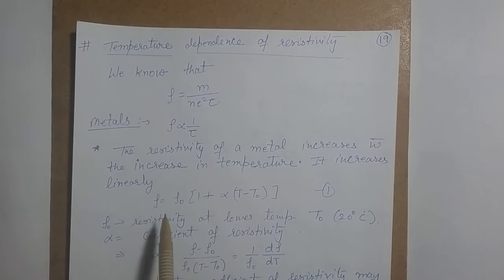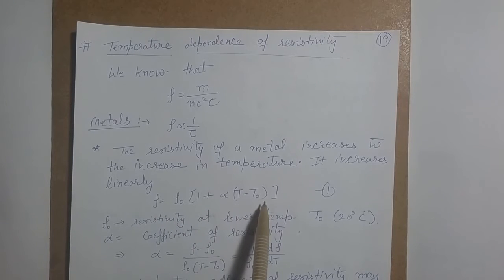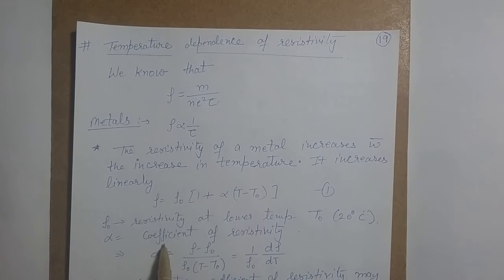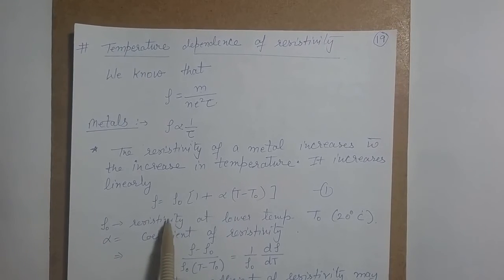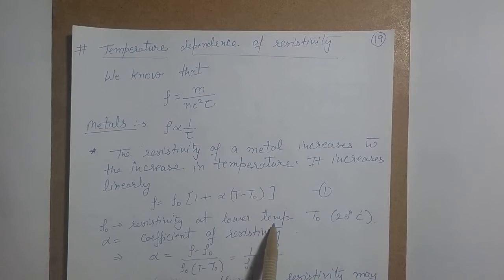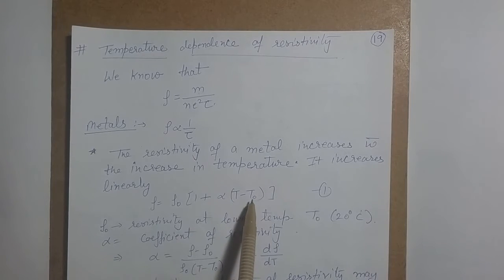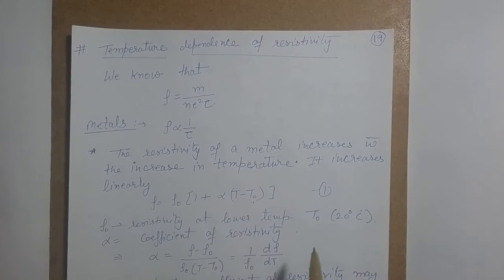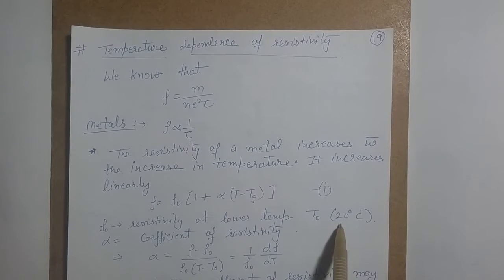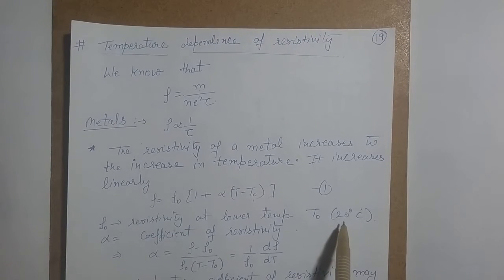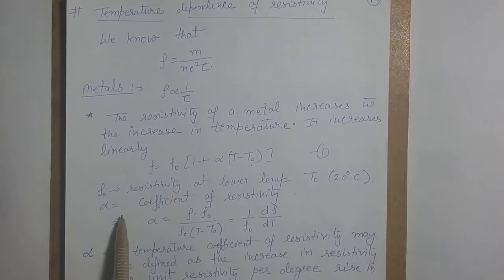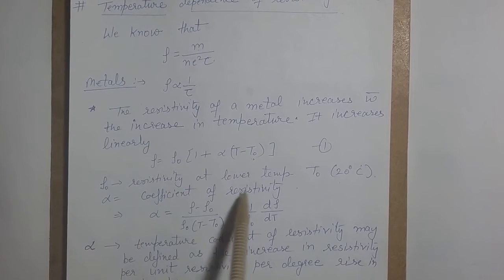And there is a relation for the resistivity dependence on temperature. Rho is equal to rho naught into 1 plus alpha (T minus T naught). In this equation, rho naught is the resistivity at the lower temperature, that is temperature T naught, which is generally 20 degrees Celsius, the standard temperature, and alpha is the coefficient of resistivity.